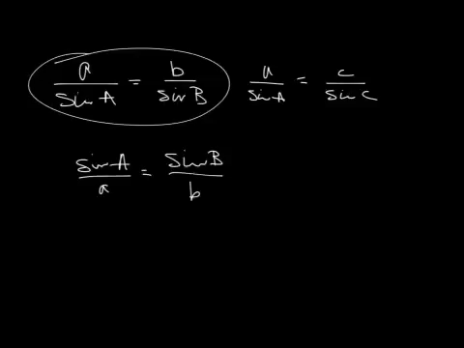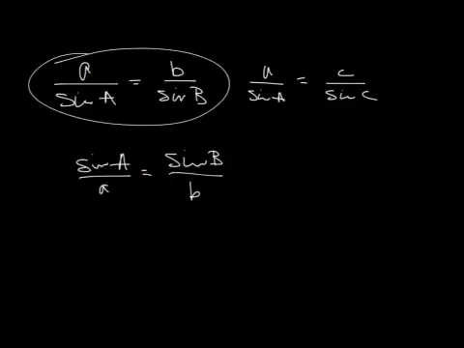But I would suggest that whichever way you do this, whether you use it with the sides on top and the angles on the bottom, or the angles on top and the sides on the bottom, that you find out what they're looking for. If they're looking for the length of a side, use this formula because your sides are on top.